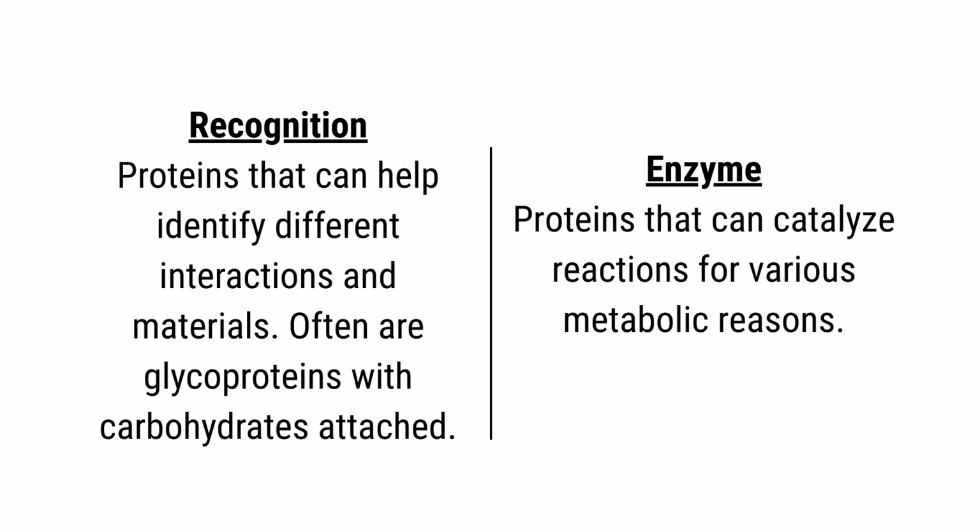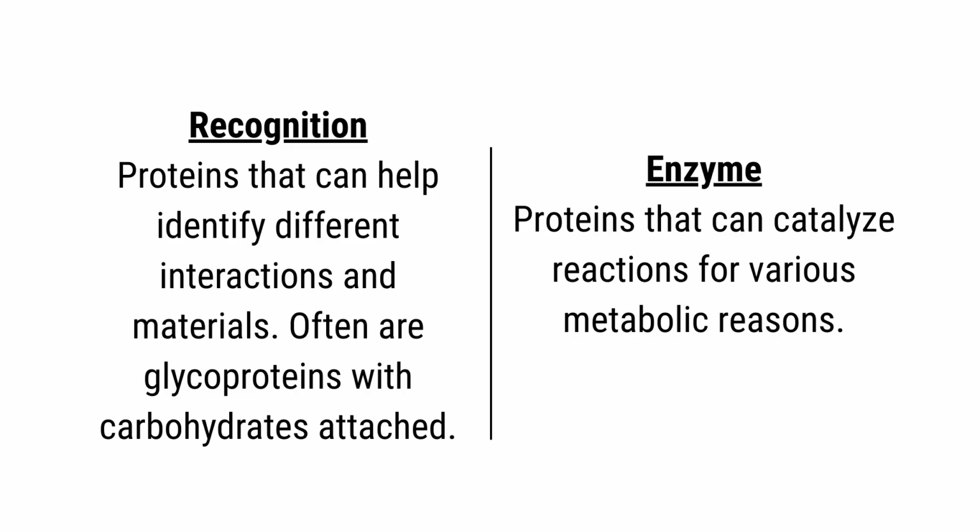Finally, we have recognition and enzyme. These two are not related. These are two different types of proteins. But recognition proteins are proteins that can help identify different interactions or materials that are around the membrane and cell. Often glycoproteins that are a type of recognition have carbohydrates attached to them.